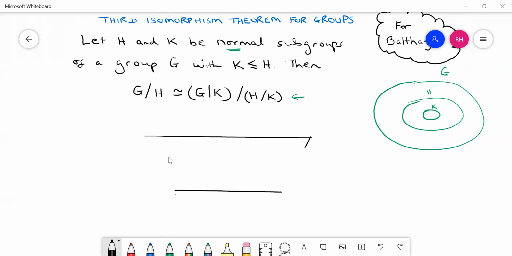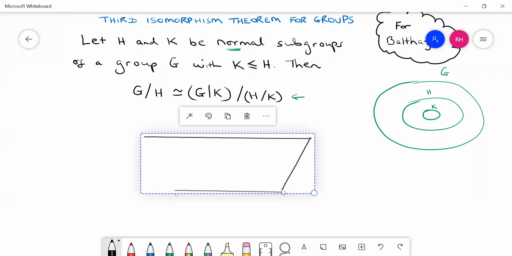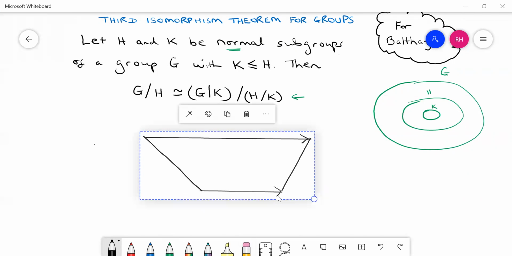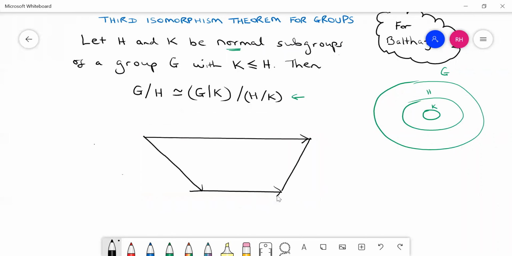There, there, and there. Whoops, that'll do. Okay, let's draw some arrows. I think it helps.